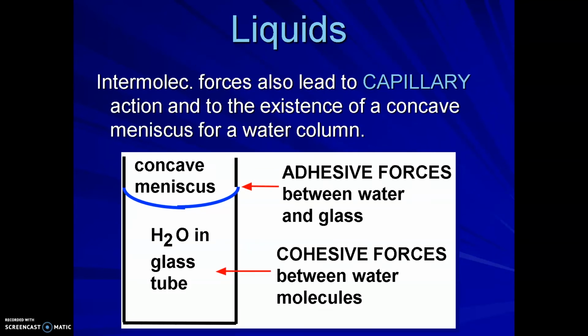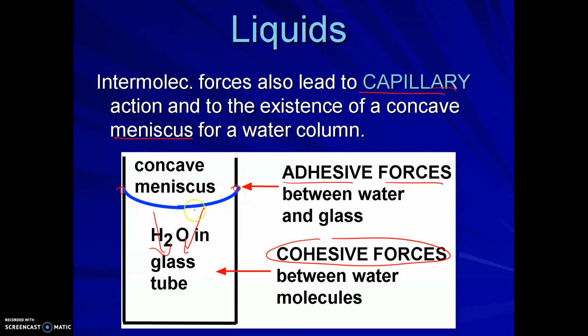As I had said, this is also related to what we call capillary action, or also why the meniscus forms in water. And this is because of these cohesive forces in the bulk pulling down on the surface. The sides are trapped by what we call adhesive forces to the actual glass or whatever the material is made out of.